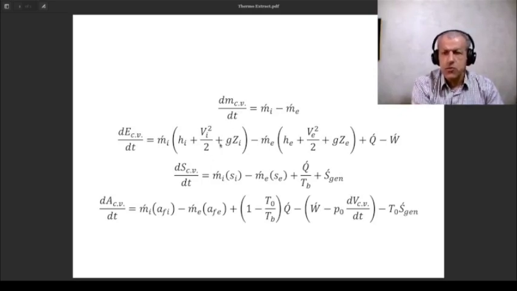So the student comes to learn these two equations, and with that, he learns how to calculate or read properties, or how to calculate work, what is work and what is heat transfer. So the student comes to get very familiar with these two equations.